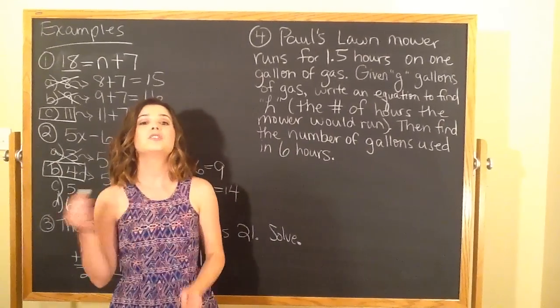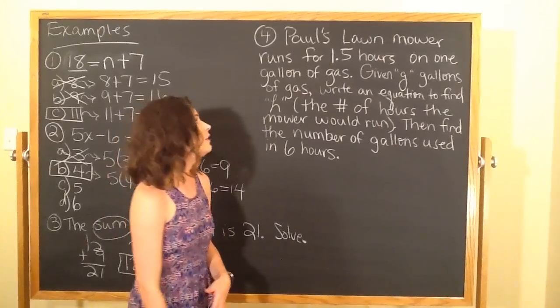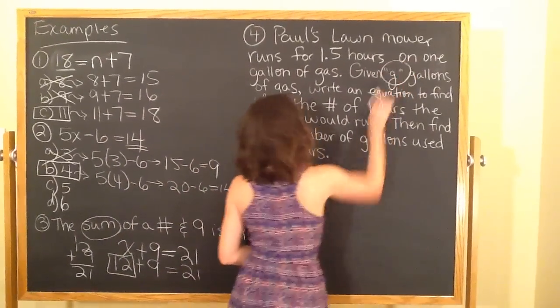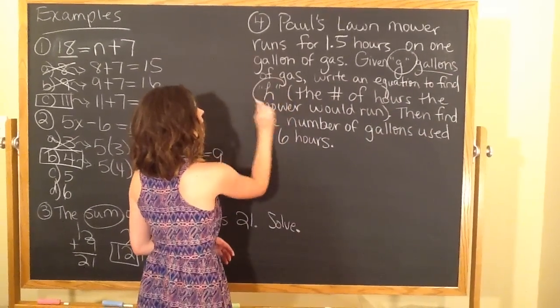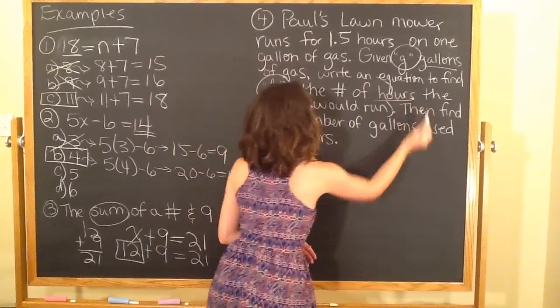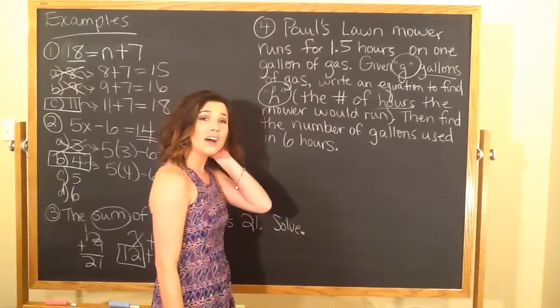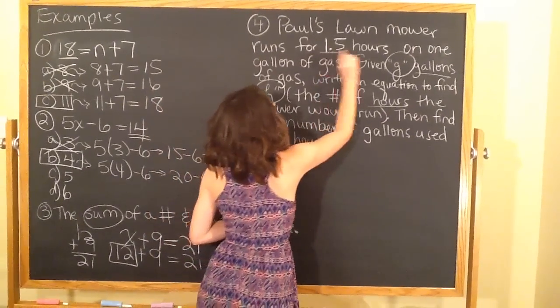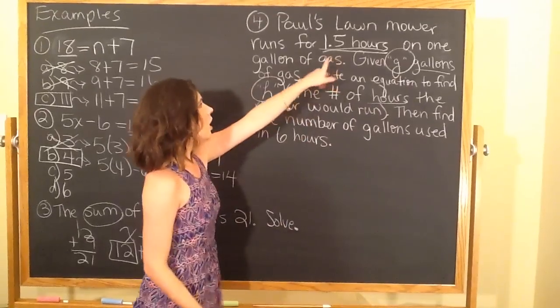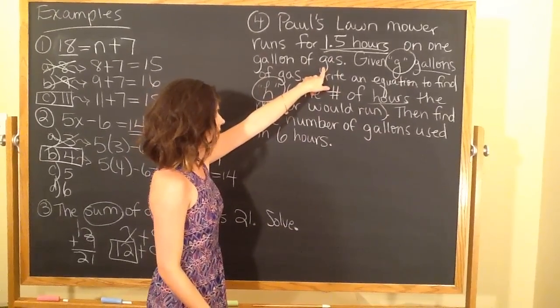First it wants us to write an equation. We are going to use the variable G for gallons and the variable H for hours. We also have to find what information they give us. They give us 1.5 hours on 1 gallon of gas.